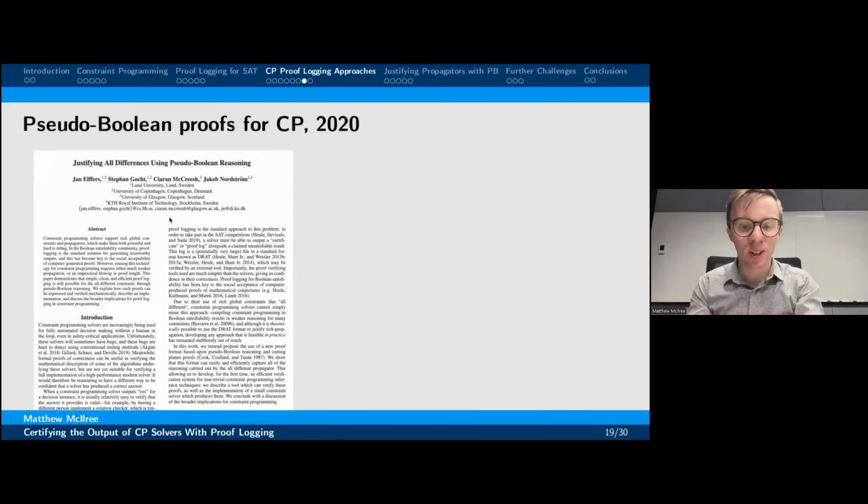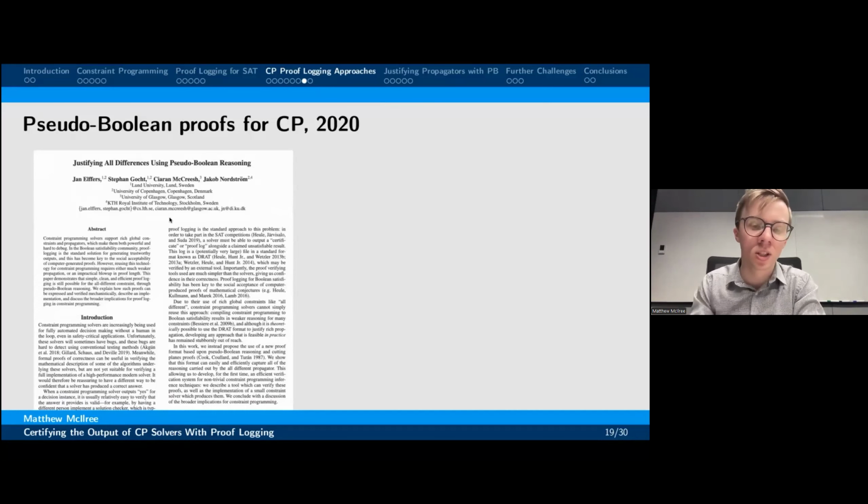So now I can finally talk about the research that I've been more directly involved with, which is pseudo-Boolean proof logging for constraint programming. So the skeleton of this approach is basically similar in that we're still deriving effectively clauses for the outline of our CP search algorithm. So anytime we backtrack, we output a reverse unit propagation clause that encodes the negation of the sequence of guesses that led us to have to backtrack at that point.